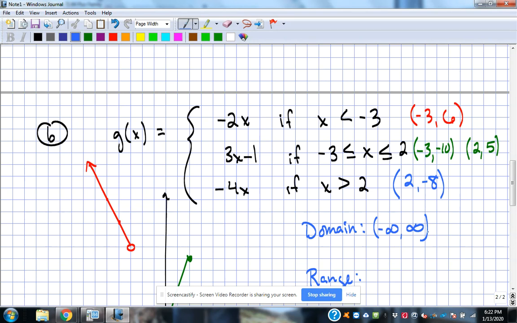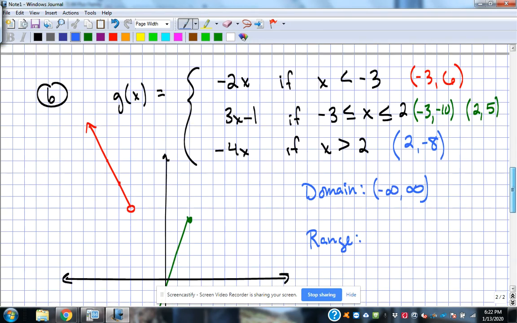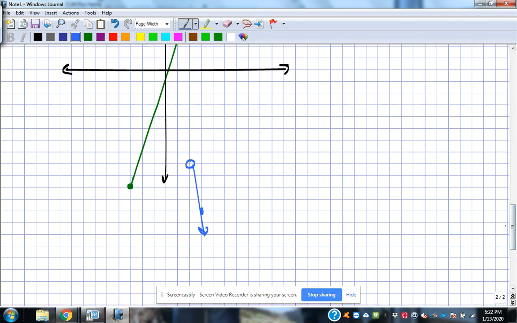Now, let's look at the range. Remember, how do you read range? From the bottom to the top. So from the bottom, what's the lowest y value in our problem? That's the lowest one we marked. But what does the blue piece, the arrow, tell us it's going toward? -infinity.